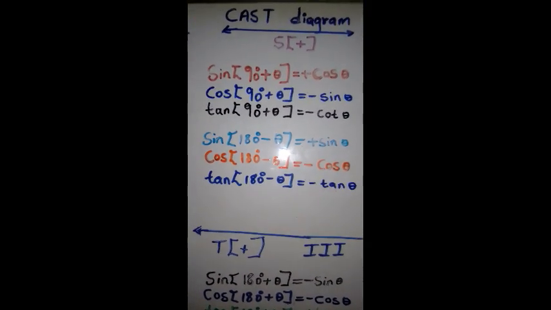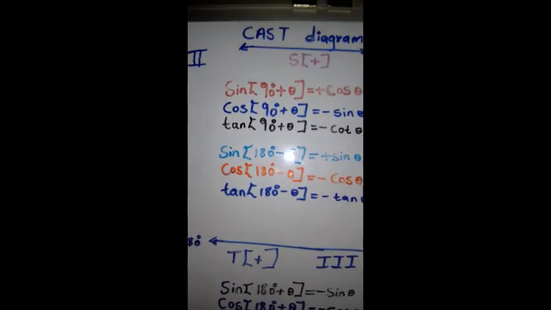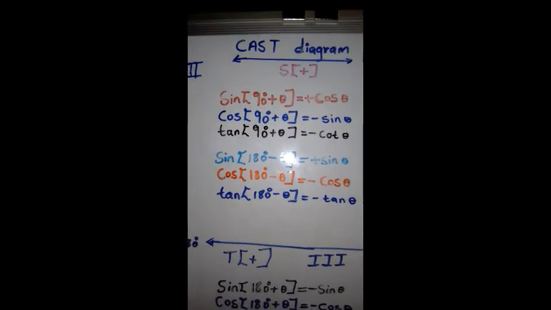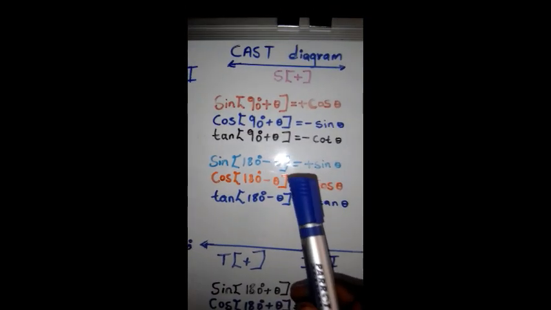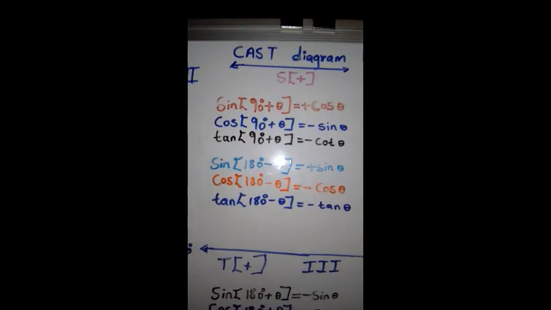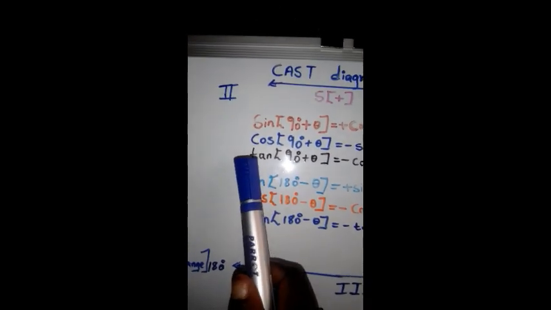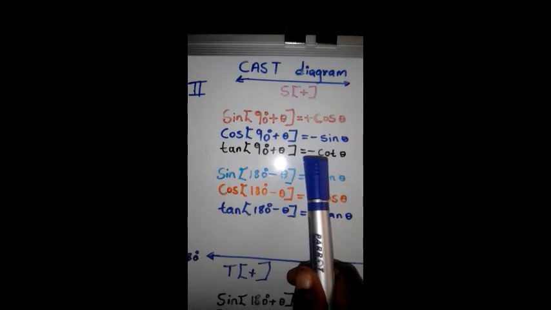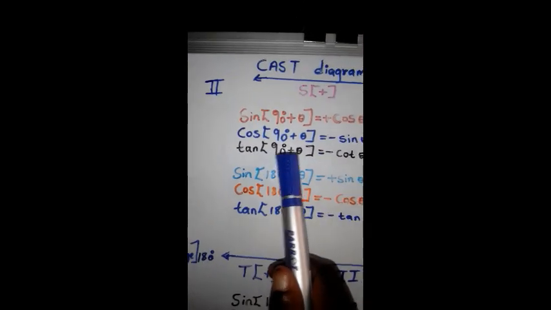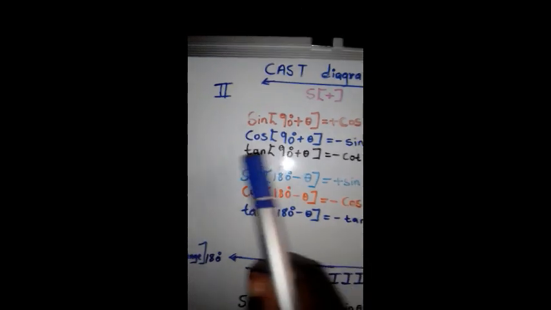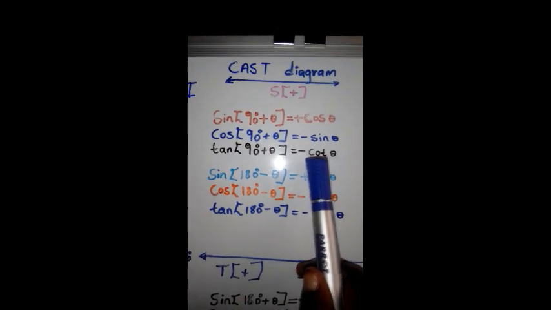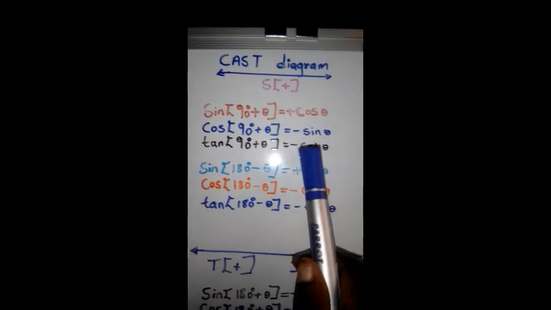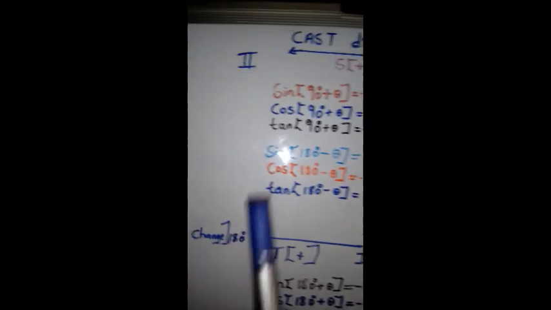Now let's go to tan. Tan of 90 degrees plus theta is equal to negative cot theta. How? Because tan is negative on the second quadrant, so it's negative. 90 plus theta means change, so tan will change to cot theta, so the answer will be negative cot theta. Now let's do sine.